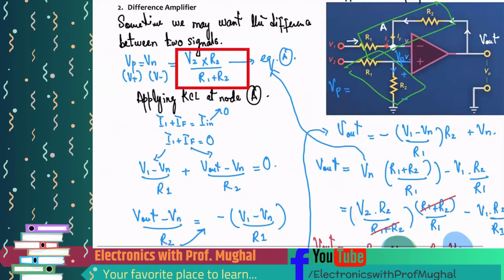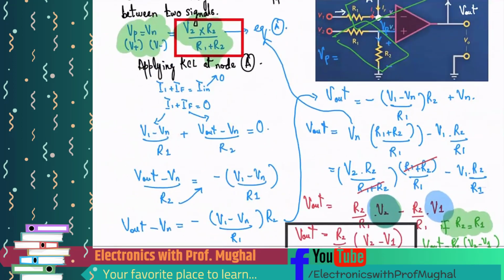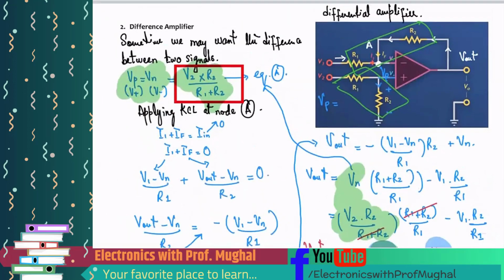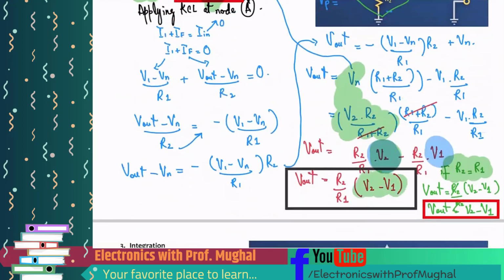Remember, the reason we got VP equals VN, and from this equation we were able to pull this equation over here and replace that, happened only because R1 and R2 were the same. We got this V2 minus V1 only because R2 and R1 were the same. If we don't have that, we will not get this equation right here.